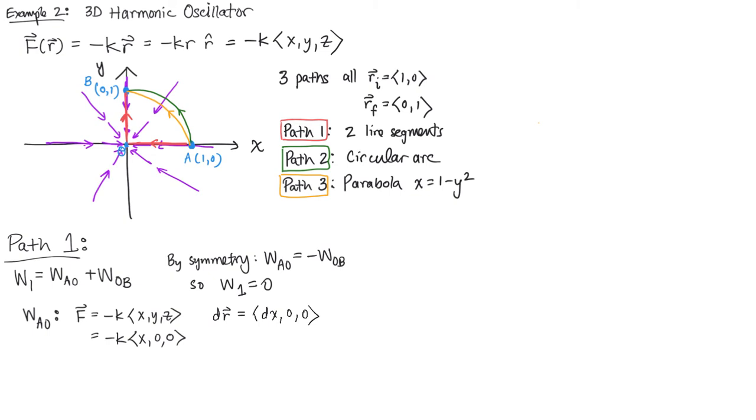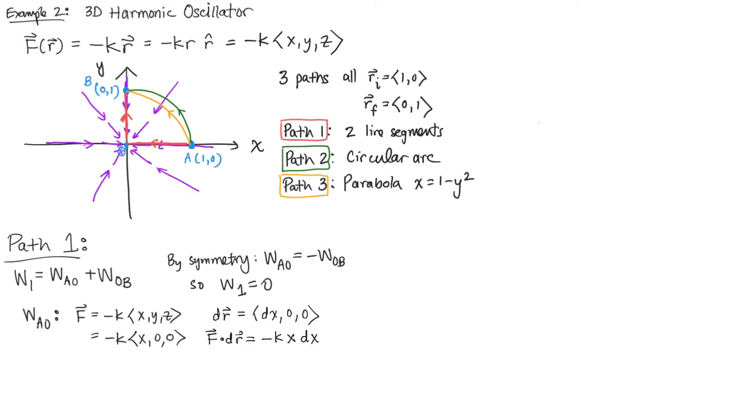Now, you might wonder why it's not minus dx. Well, dx is a quantity that could be negative, and in particular, in this case, it is. It does point to the left, starting at x equals 1, ending at x equals 0, but we just represent it as dx, and the limits of integration will take care of the direction. Okay, so we can then take the dot product F dot dr, which is mostly zeros, except from the x components we have minus k x dx.